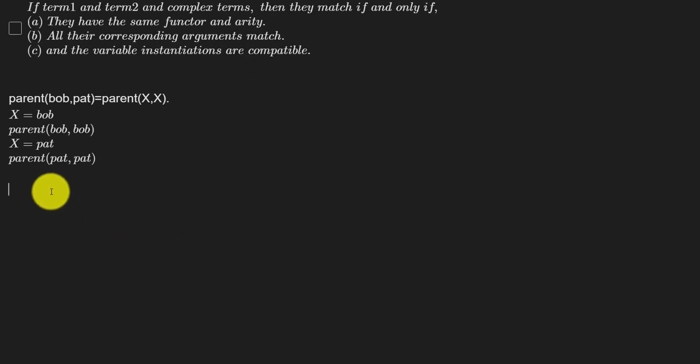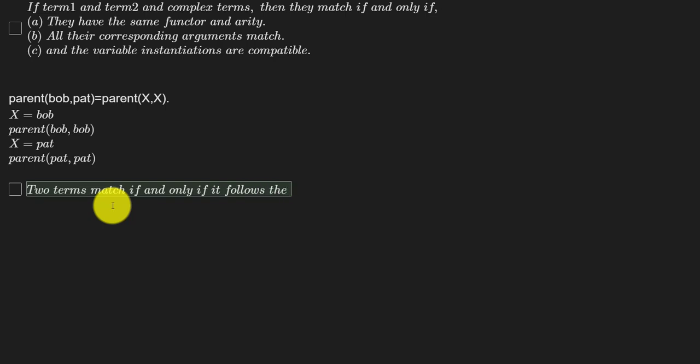The last rule, and I think the most important one, is rule number 4. If I write it this way: two terms match if and only if they follow the previous three clauses, that they match.